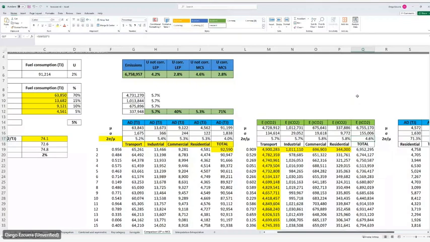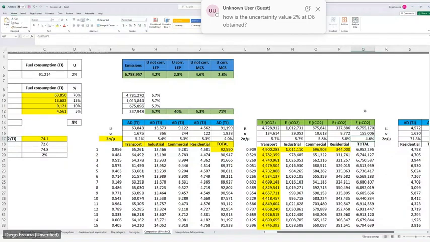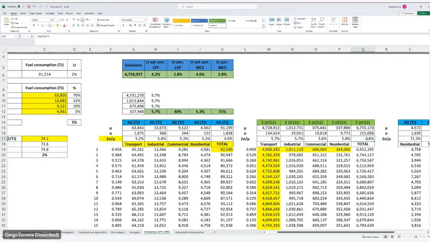And we see that according to the simulation we've created here, we simulated the activity data as normal distributions. We simulated the emission factors. In this case, there is only one, as a normal distribution. And as a result of that, we obtain an uncertainty of the associated emissions that it's 4.6%.